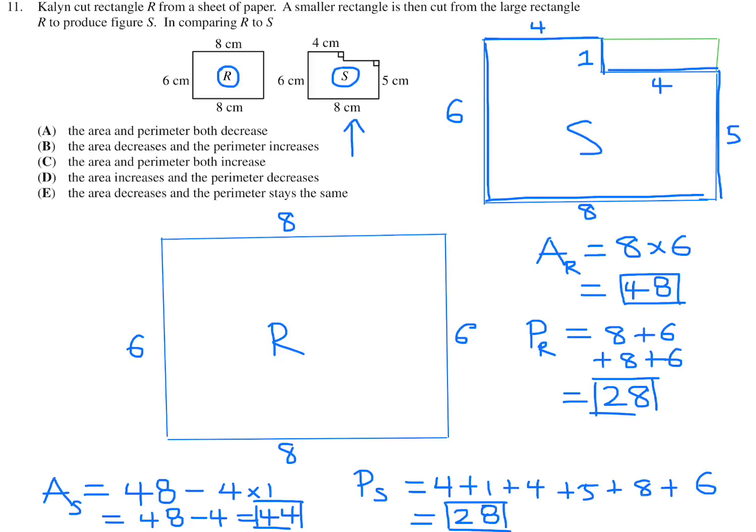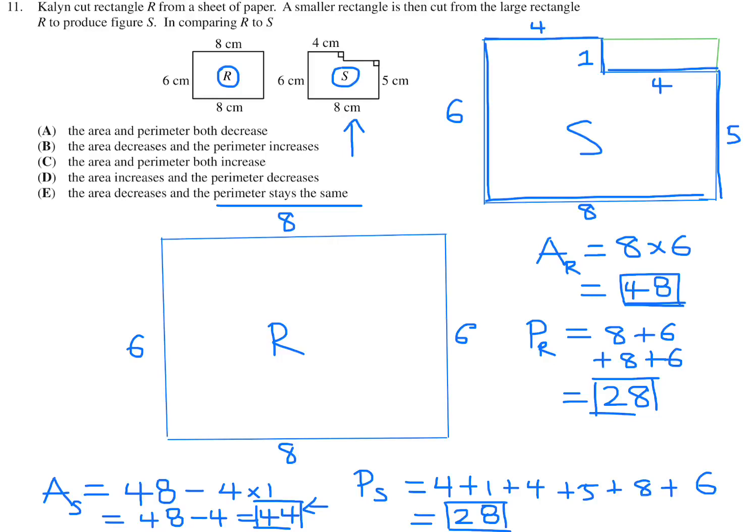So in comparing R to S, well, the perimeter stays the same as only given in choice E. So that's got to be the right one. So I assume what they're saying is as you go from R to S, the area decreases from 48 to 44. The wording is a little off.